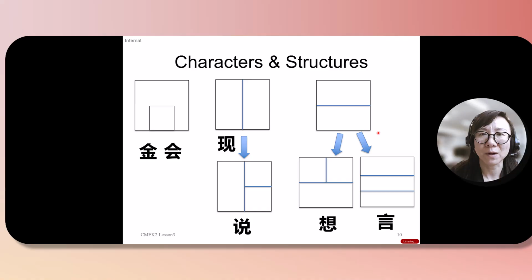But sometimes the variation of this structure can be dividing the whole structure into 3 sections, with the top section, middle section, and the bottom section. And of course, the writing sequence is the top one as the first, the middle one as the second, and the bottom as the last one.